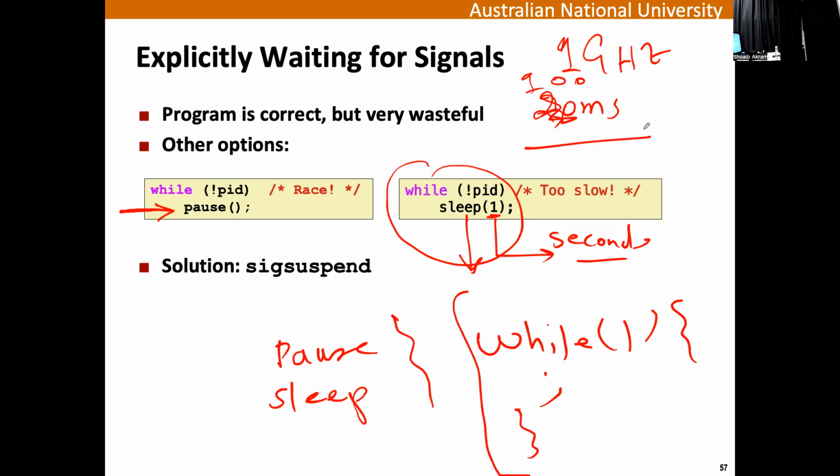Do the math. Assuming that 1 instruction takes 1 cycle, and each cycle is 1 nanosecond, that's 100 million instructions. That's a lot of waste from the CPU's perspective. So we don't want to sleep for 1 second.